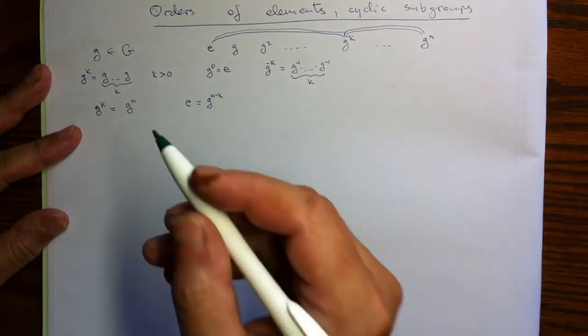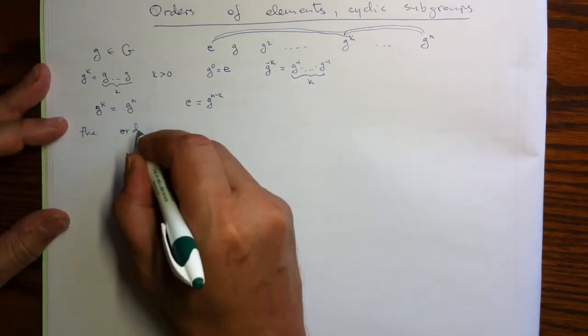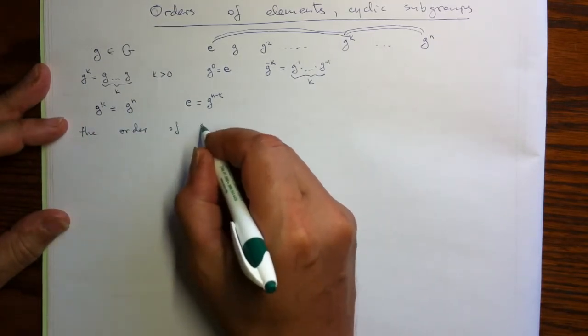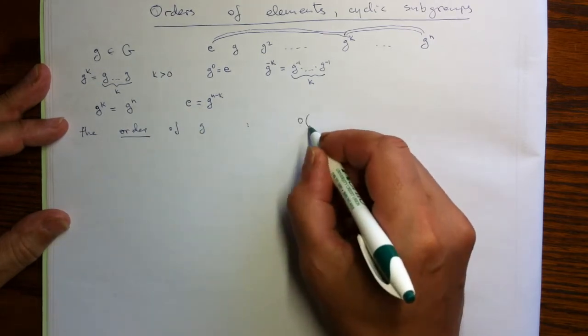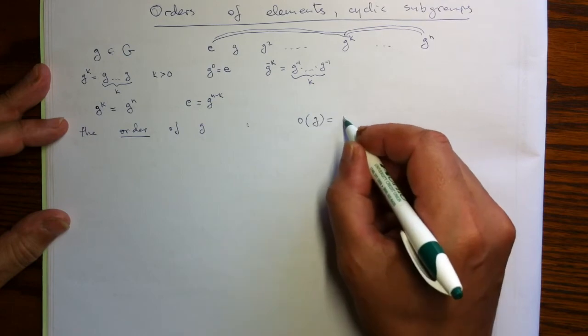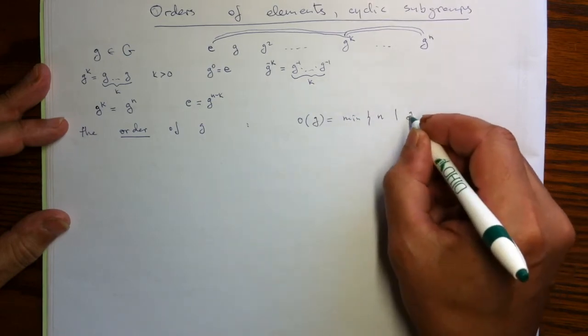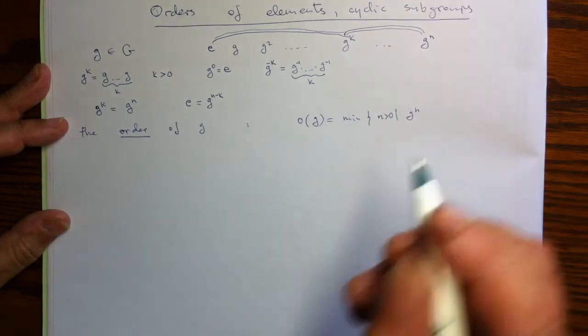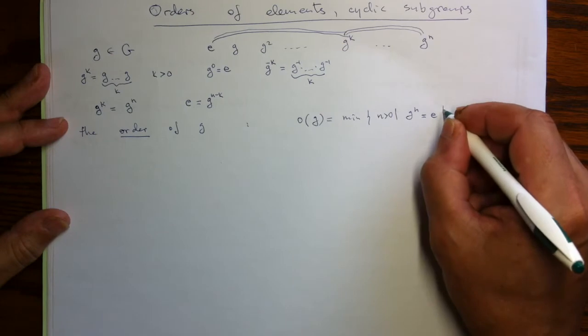And here is the concept which formalizes it. The order of this element in the group, here is the notation, is the smallest power, still bigger than 0, which is equal to the identity.